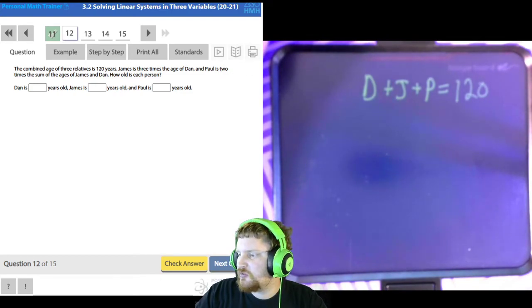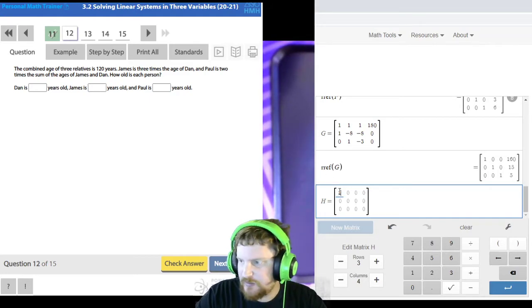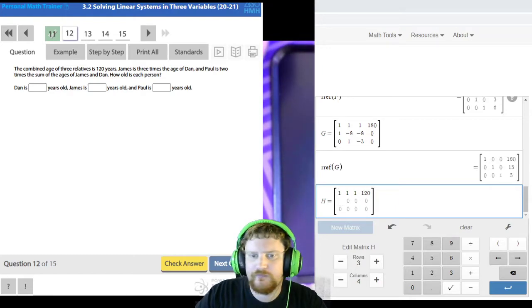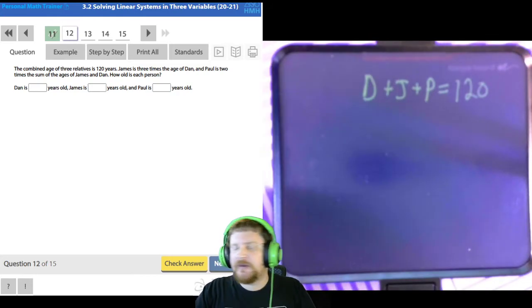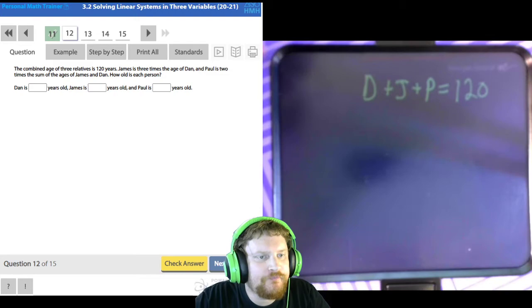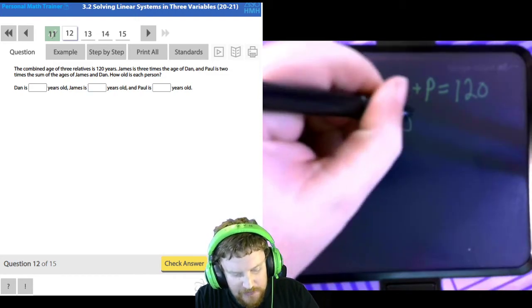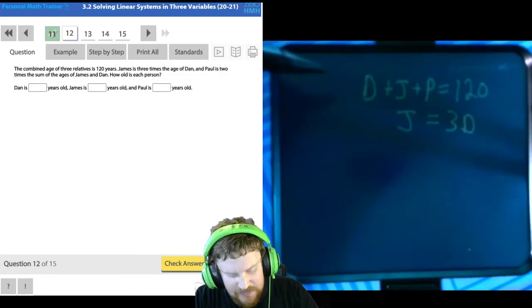Put that into Desmos real quick. New matrix, 3 rows, 4 columns. So we have that set up. And we said that D plus J plus P equals 120. Okay. James is 3 times the age of Dan. James is 3 Dan.